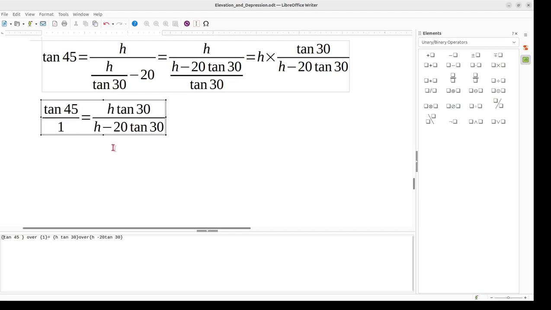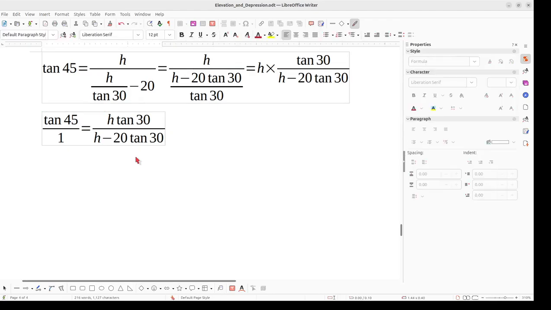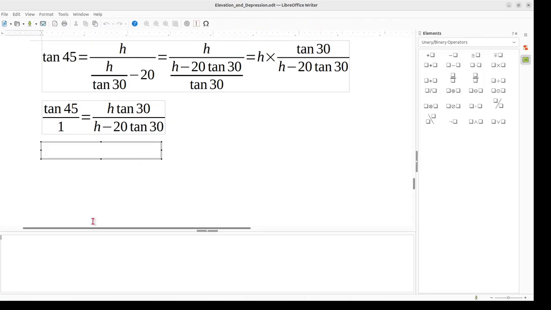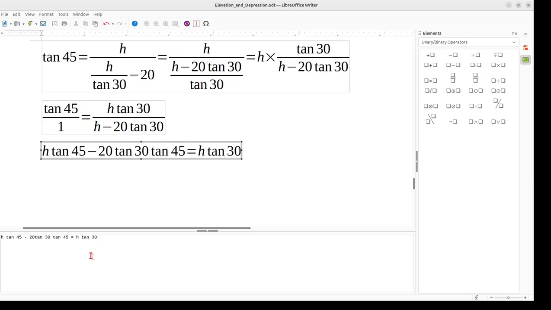So if we cross multiply, we are going to get h tan 45 minus 20 tan 30 tan 45 equals h tan 30.